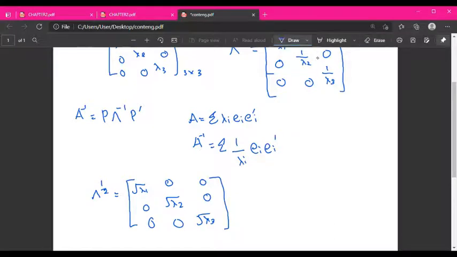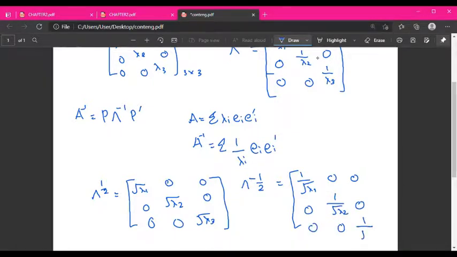Okay, negative square root. It is 1 over square root of lambda 1. 0, 0, 0, 1 over square root of lambda 2. 1 over square root of lambda 3.